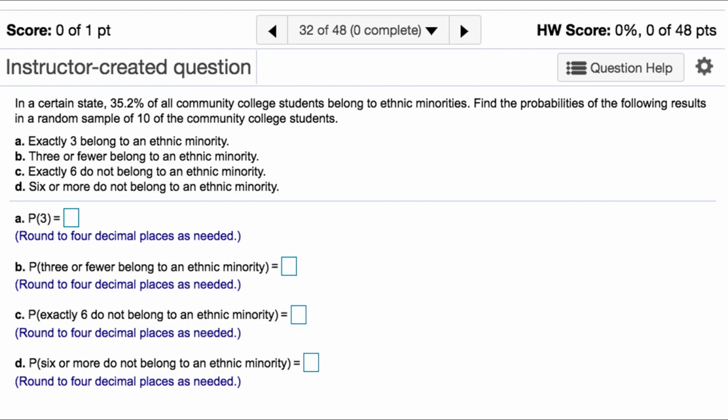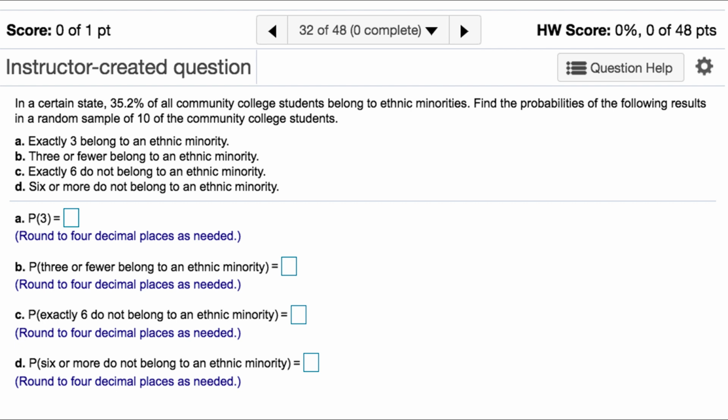All right, this one's another binomial distribution problem. In a certain state, 35.2% of all community college students belong to ethnic minorities. Find the probabilities of the following results in a random sample of 10 of the community college students. The thing to notice about this one is that halfway through the 4 parts of this question, it switches what we're looking at.